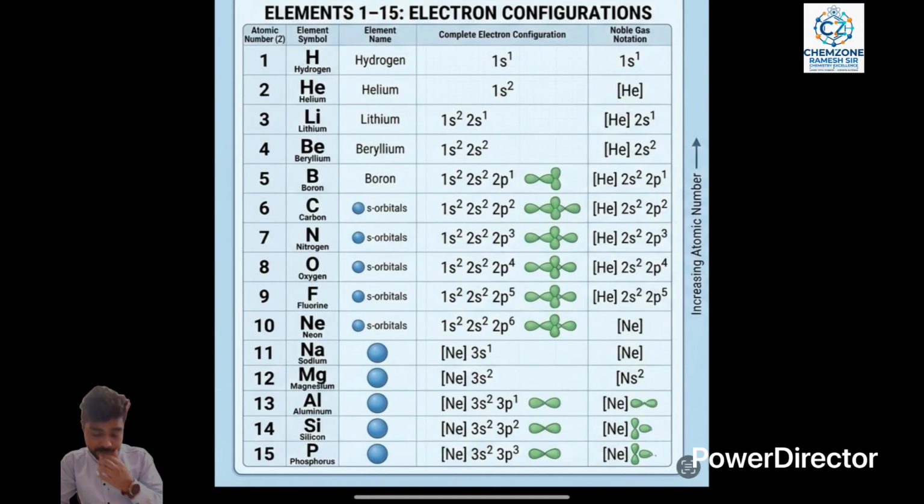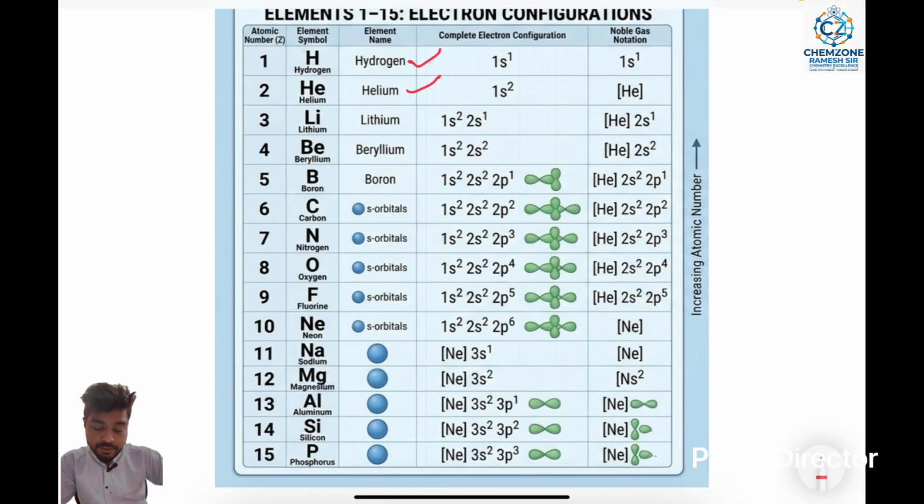Then the second one, mentioned on this slide, is the electronic configuration from 1 to 15. ओके, 1 से 15 तक की इलेक्ट्रॉनिक कन्फिगरेशन है. इसमें यहाँ पे नाम भी मेंशन किए गए: पहले हाइड्रोजन, दूसरा हीलियम, लिथियम, बेरिलियम, बोरॉन, फिर कार्बन, नाइट्रोजन, ऑक्सीजन, फ्लोरीन, नियॉन, सोडियम, मैग्नीशियम, एल्युमिनियम, सिलिकॉन और phosphorus.